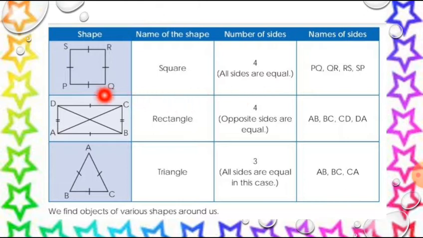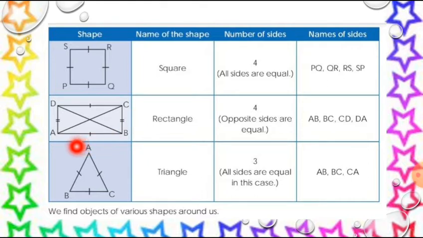Now children, look at the next one. To understand which type of shape this is, look at the strokes drawn on the sides. In AB side there is one stroke and DC side there is one stroke, which means AB and DC are same. And look at BC, two strokes are drawn, and in AD side also two strokes, which means BC and AD are both same.